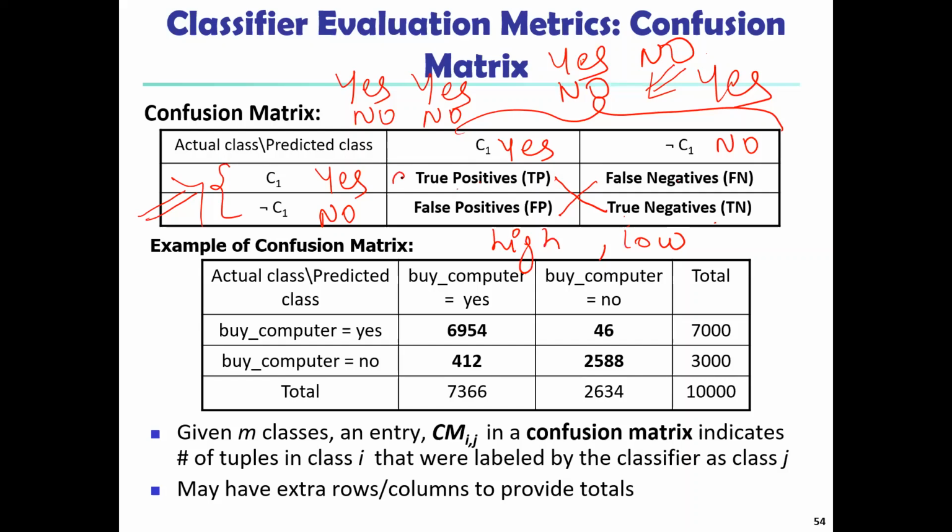So let us consider these as A, B, C, D. What are true predictions? A and D should have the highest values. False predictions, B and C, should have low values.